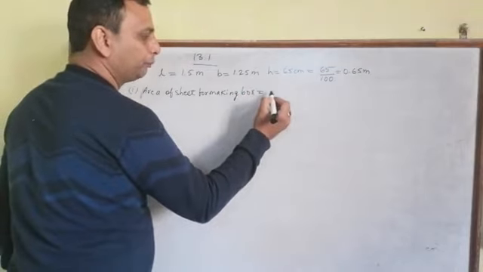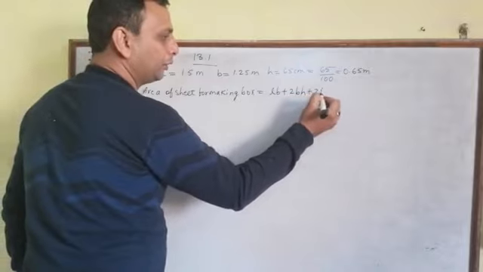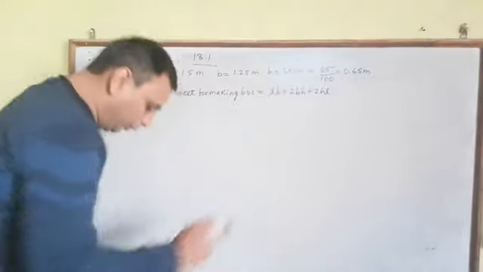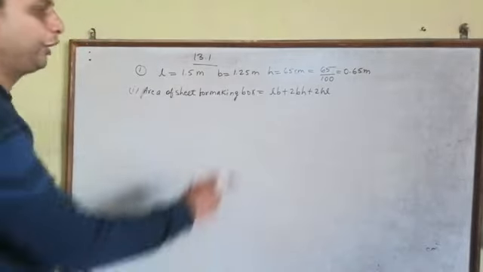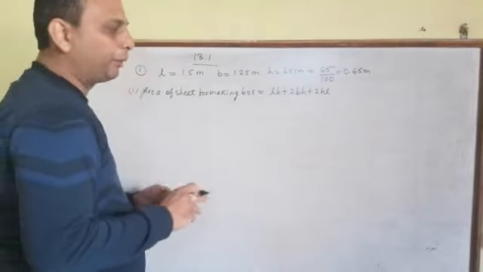It is equal to LB plus 2BH plus 2HL. This is the formula because, as I told you, when the top part is removed, we can't write the 2 with LB. The top, length and breadth, will be removed.